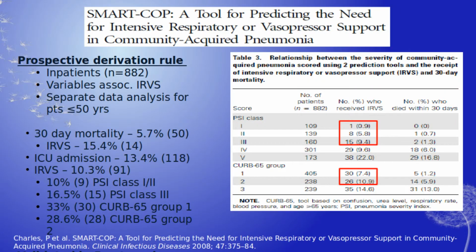They looked at the variables that were independently associated with either mechanical ventilation or vasopressor support, which they called IRVS. And interestingly, they did a separate data analysis for adults under the age of 50 when they were coming up with their data points. Their mortality overall was 5.7%. Out of those that required ventilation, it was 15.4%.